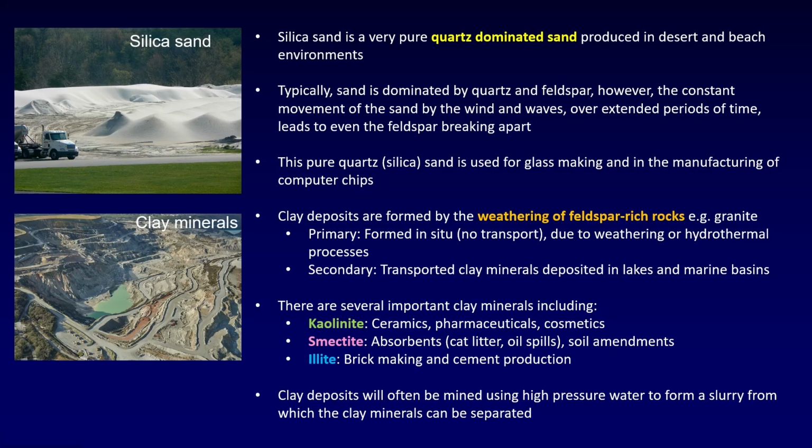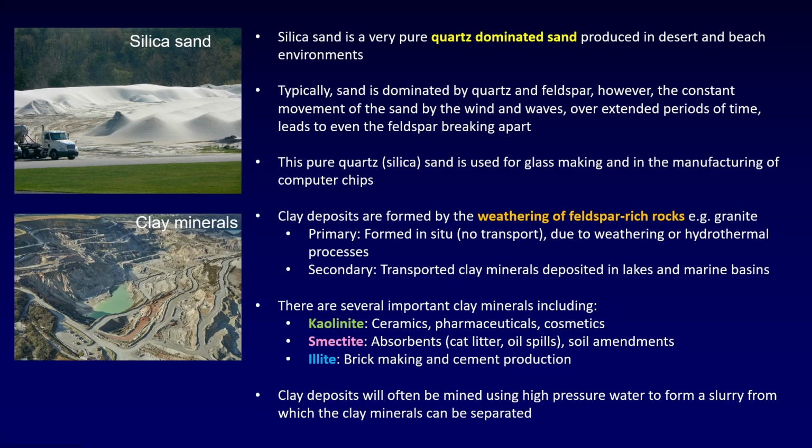The next industrial mineral of interest is going to be clay minerals. So clay deposits can be formed in a couple of ways. The majority of clay deposits are formed by the weathering of a feldspar-rich rock, typically something like a granite. And so what happens is your clay minerals form in situ.